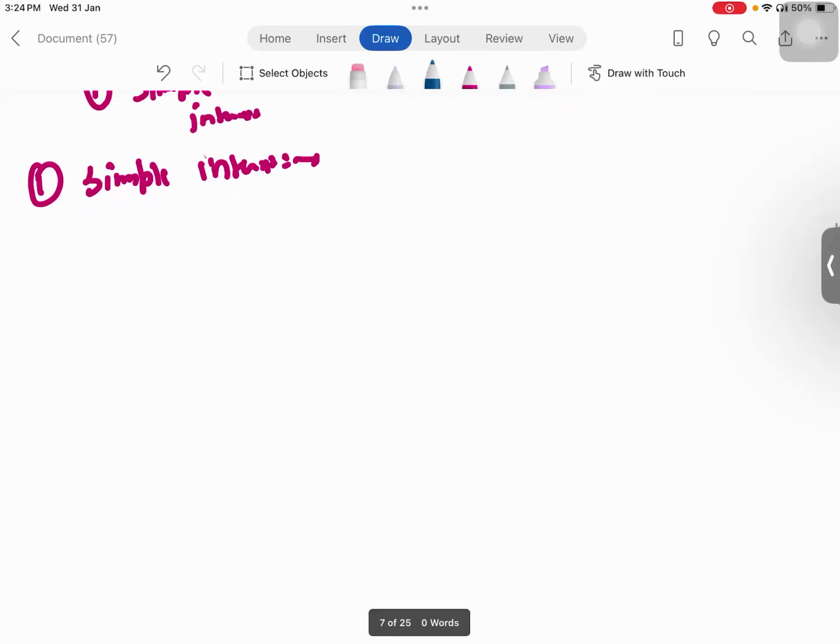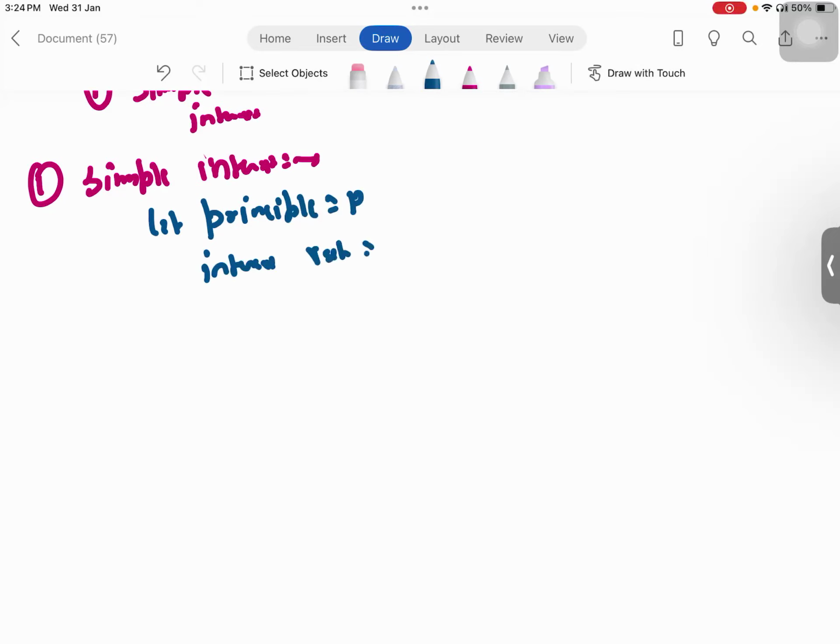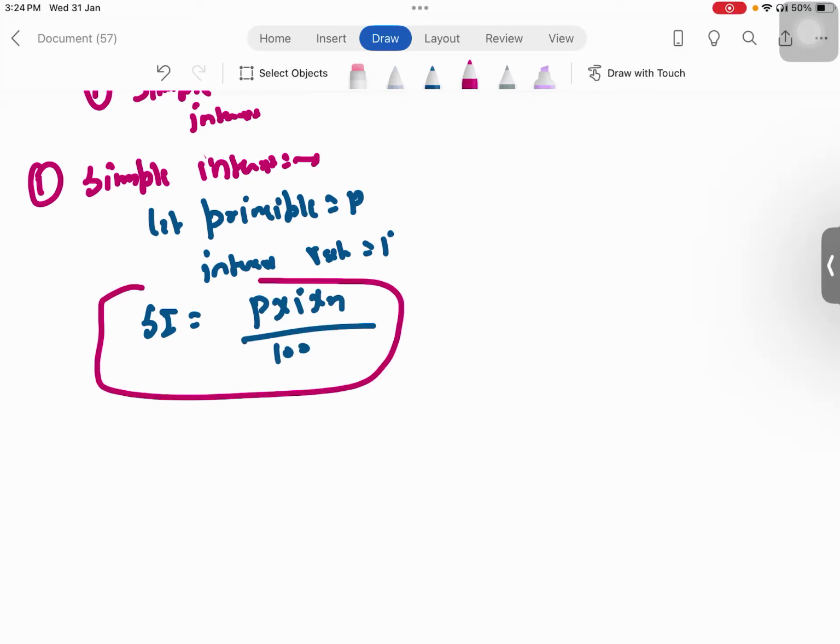So generally, what happens in simple interest? Let's say your principal is P, and your interest rate equals i. So if I want to calculate the simple interest, it is equal to P into i multiplied by n divided by 100. This one is your simple interest.